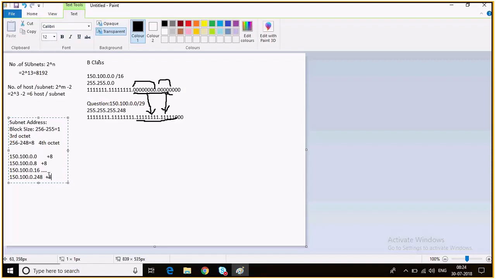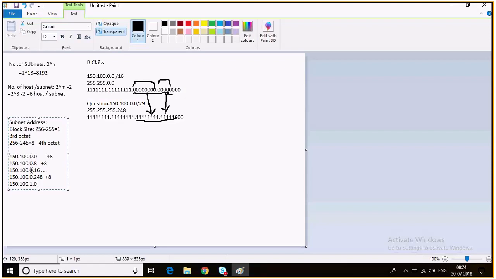Why do I have to move to the third octet? Because my block size for the third octet is 1, and I have to change it sometime. This is the time to change it. So add 8 to it: 150.100.1.0. Why? Because when I add 8 to this fourth octet, I get 256 here. I cannot write 256, so I carry over to the left-hand side. So this is 1.0.